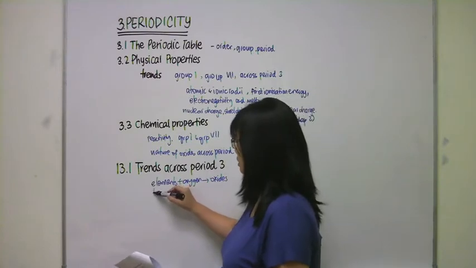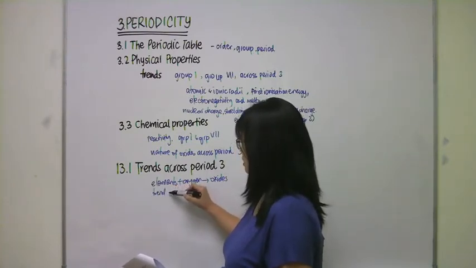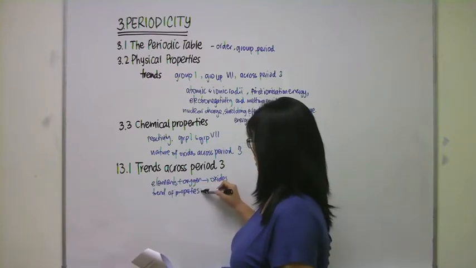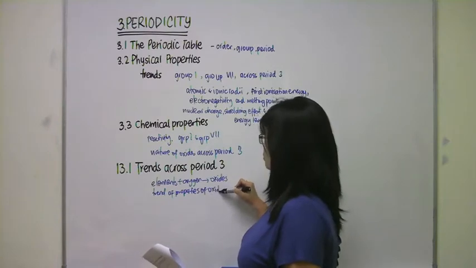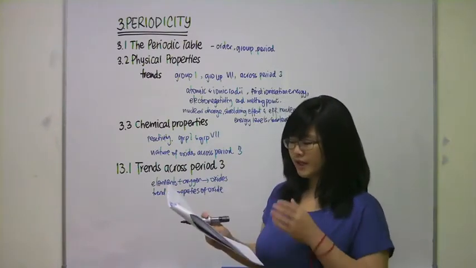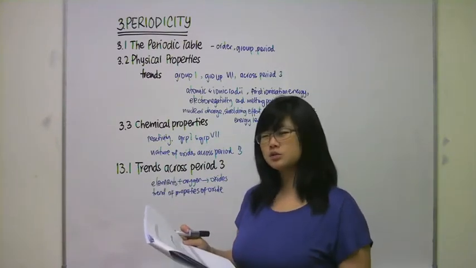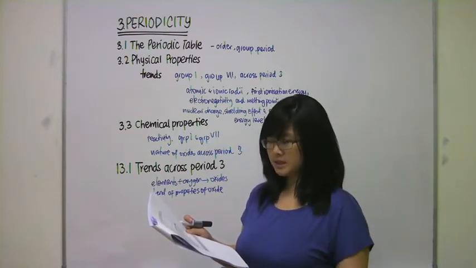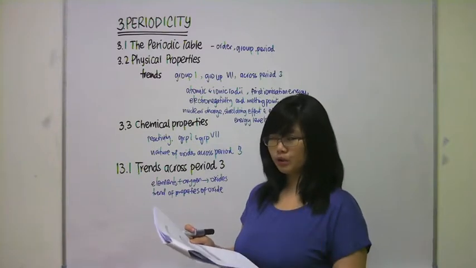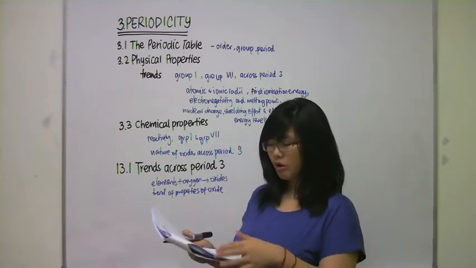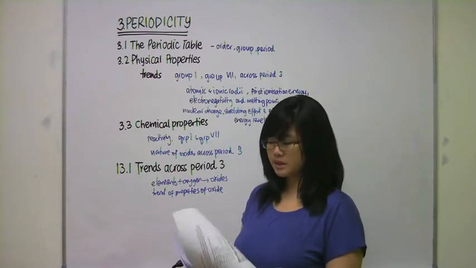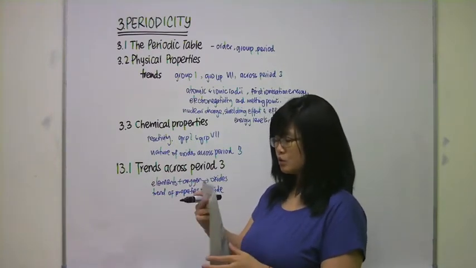And they need to know the trend of properties of oxide, okay? Also across period 3, so stuff like electrical conductivity, pH in solution, acid-base nature, whether it will be solid, liquid or gas. All are in the table that your student can just refer to and memorize.